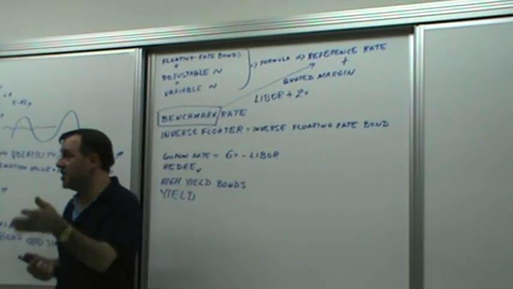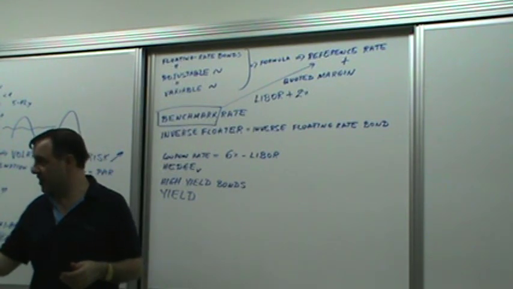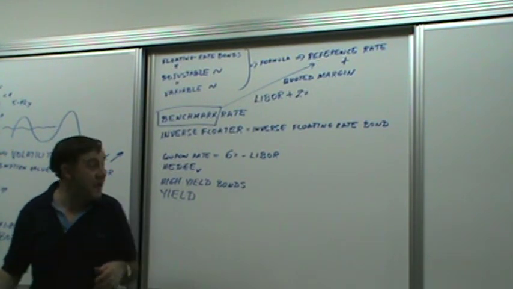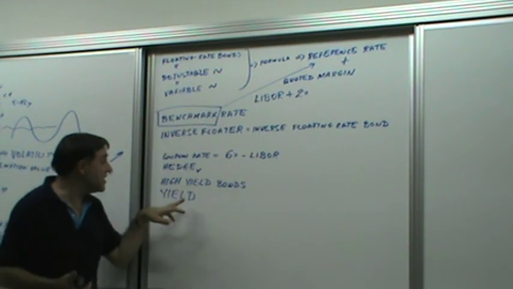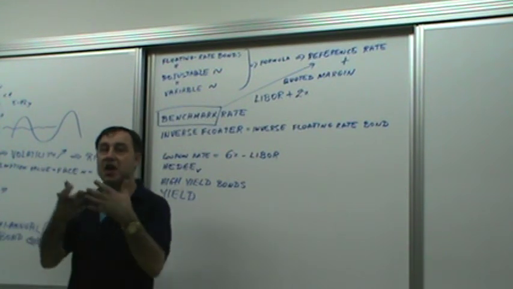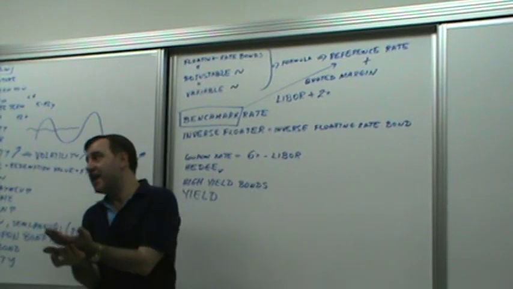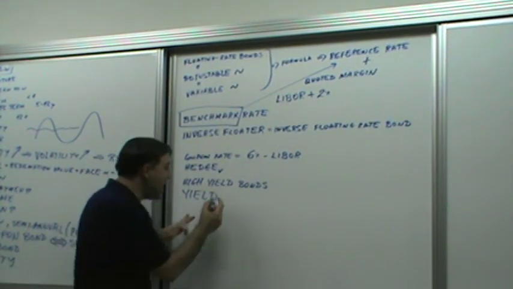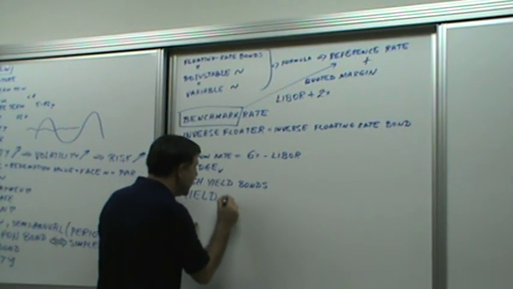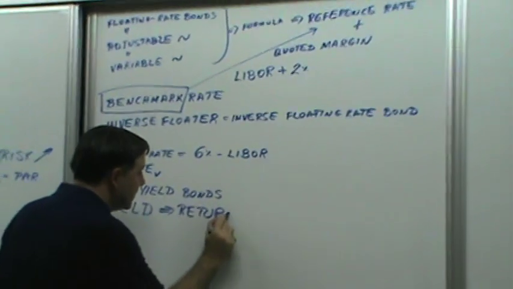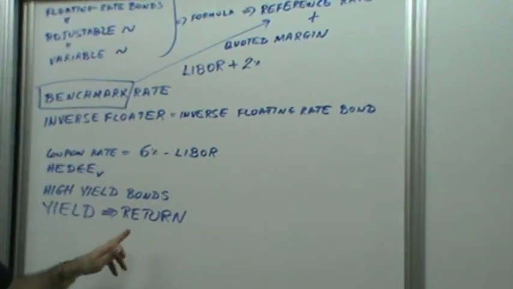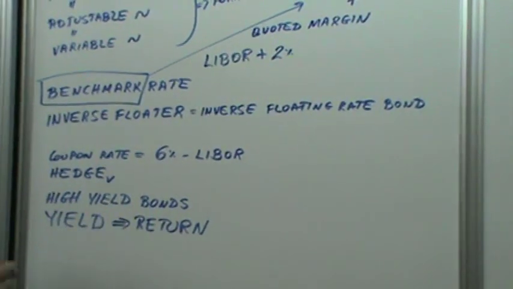You may have a yield for real estate, you may have a yield for bonds, you may have a yield for stock. And the yield is simply the income that you get divided by the price. So yield is practically the same as return. So high yield bonds are bonds that provide high yield.